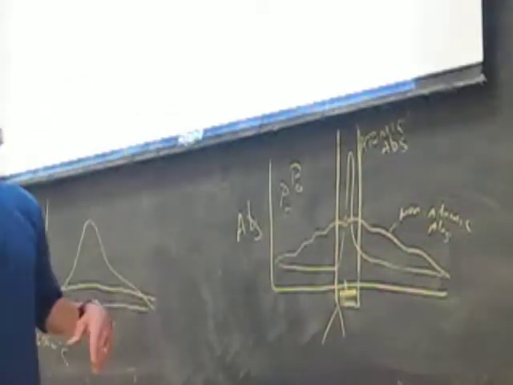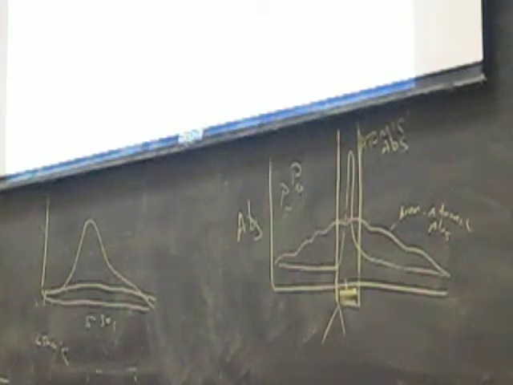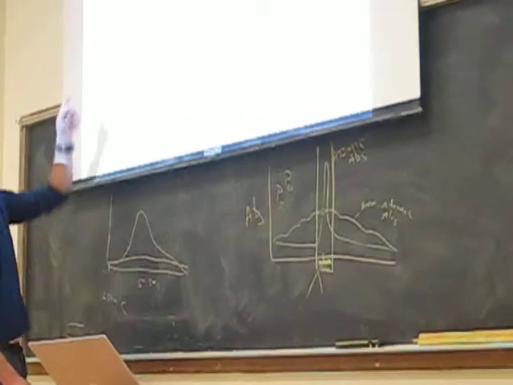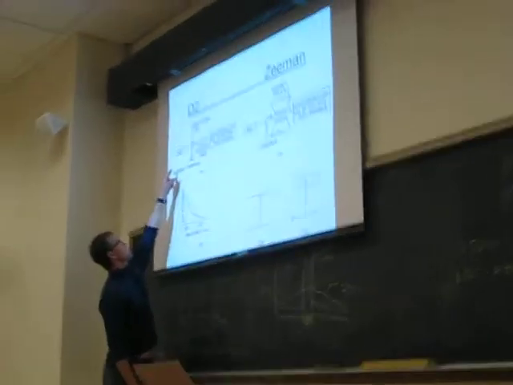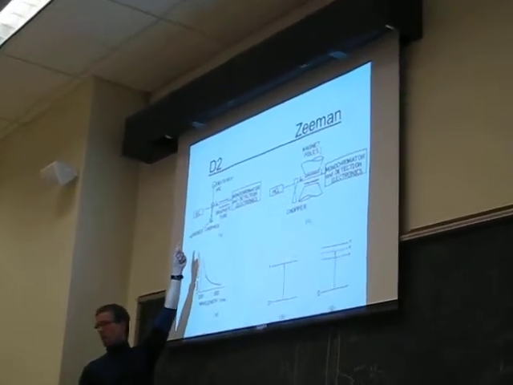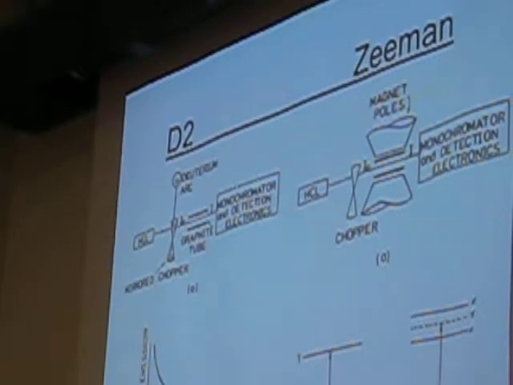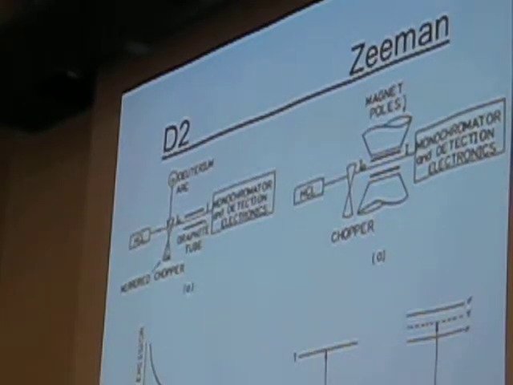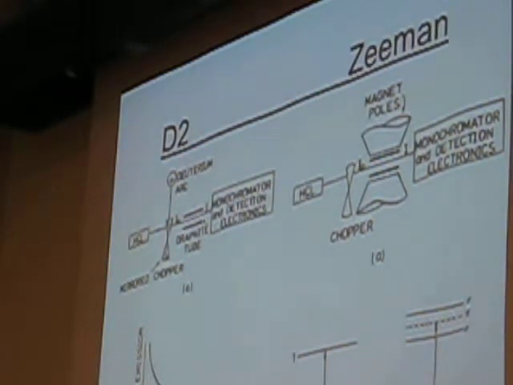And what most instruments do is they'll use some other broadband light source, like a deuterium arc lamp, for the background. And they will have a setup where they have a hollow cathode that's generating the atomic emission you want. The deuterium arc lamp generates broadband electromagnetic radiation across a wide range of wavelengths.